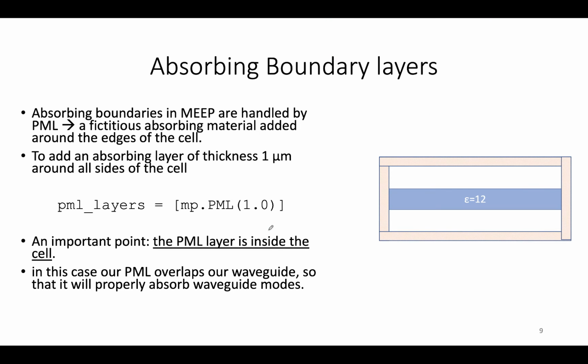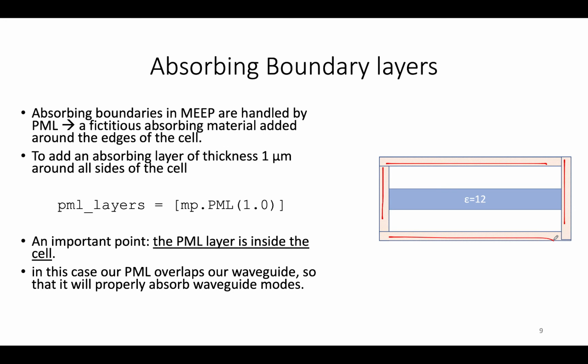It's now time to define the boundary condition. In particular, we're going to use absorbing boundary conditions, or ABC, in particular the PML technique. Absorbing boundaries in MEEP are defined by using a PML, and what we're going to do is add a fictitious absorbing material at the boundary that is our PML.